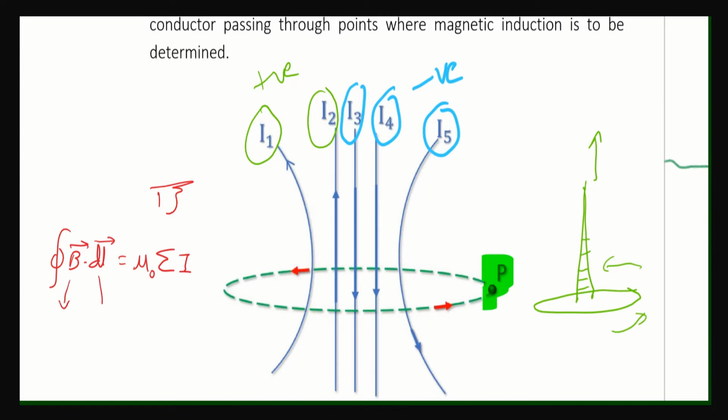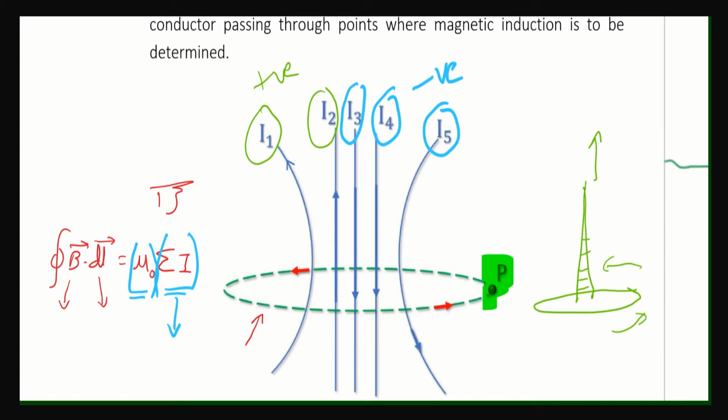Magnetic induction, with line element, and integration is taken on this loop. What is the name of this loop? Amperian loop. And then we say that it is the product of these two, the permeability of vacuum and the algebraic sum of the currents enclosed by the Amperian loop.